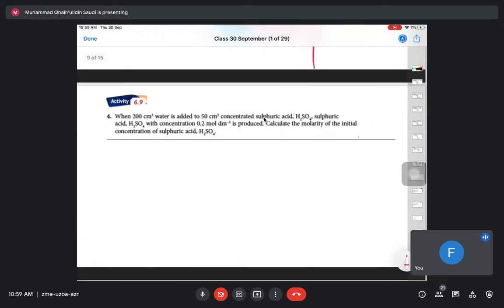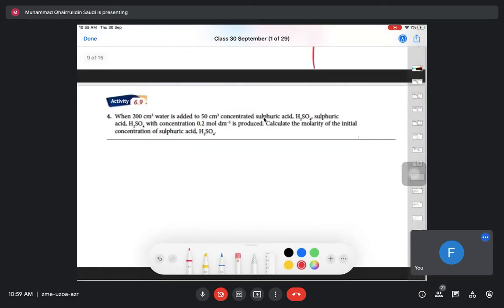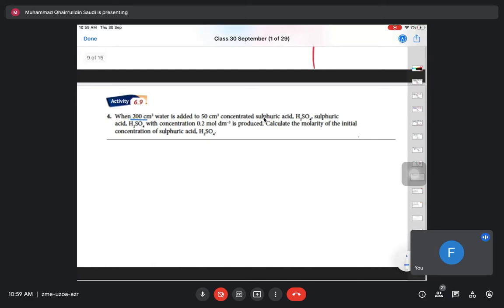Next one, the last for activity 6.9. When 200 centimeter cube water is added to 50 centimeter cube, so this is before, this is V1. Concentrated sulfuric acid with concentration 0.2 mole, so this is M1.